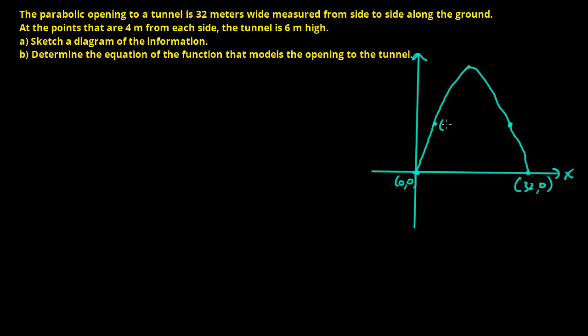So this coordinate would be 4, 6. This point here is 4 meters this way. 4 meters back from 32 is 28 meters from the origin, the horizontal distance. And it's also 6 meters high as well. So I've got another point, 28, 6.